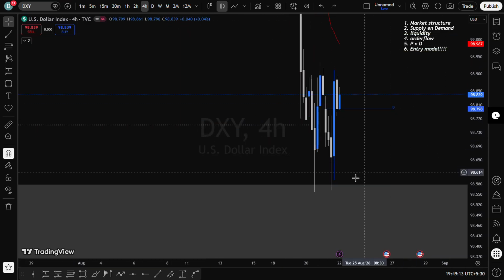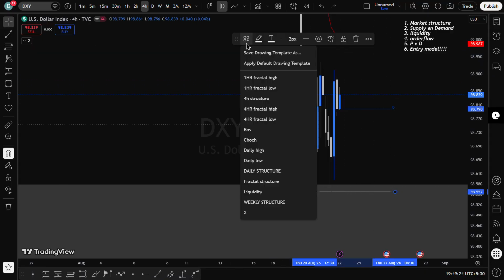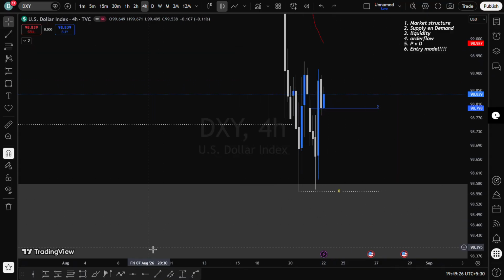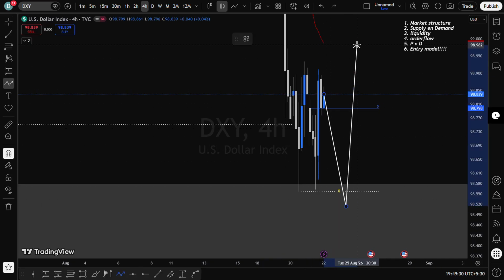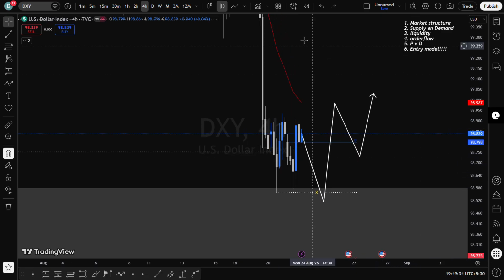As we can see, here is the ascending liquidity. So if the dollar wants to go upside, it has to first take this liquidity. Then we can see a bearish structure, and then we can see it will go up.